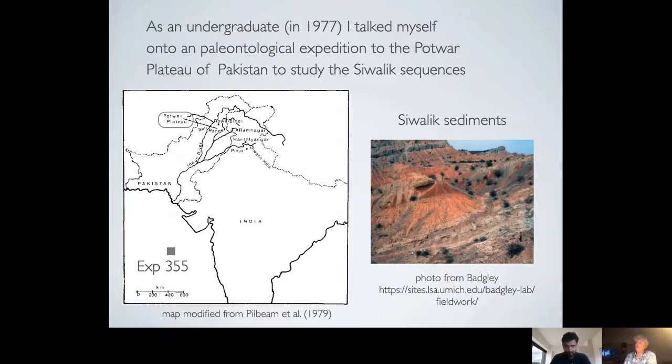These are used to tie together all the fossil locations that the Yale group were finding, and they were using these big sandstones as time horizons, so they were considered to be instants of time. And the question was, were they?